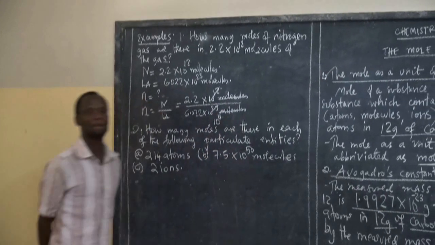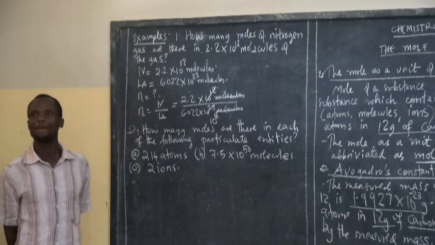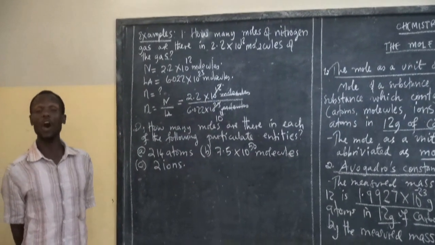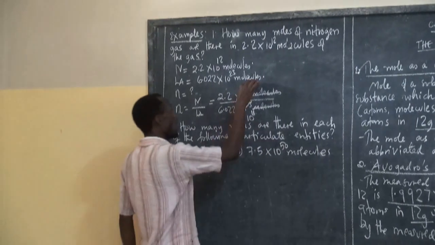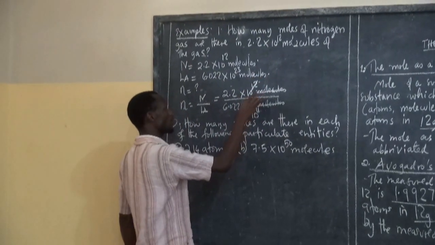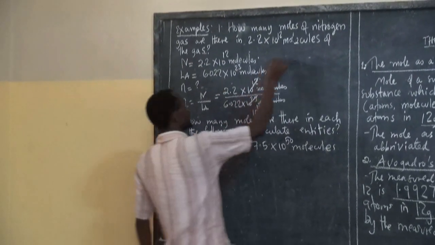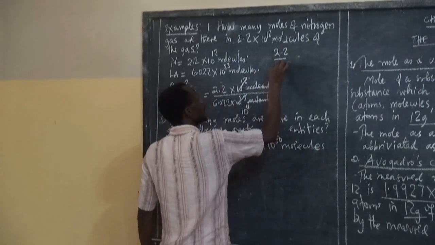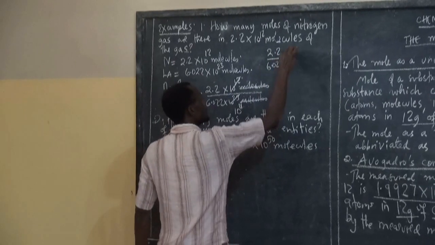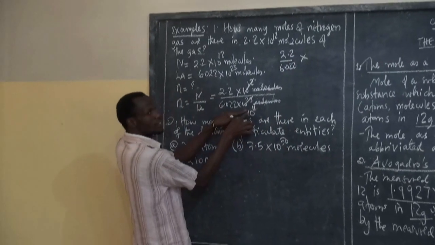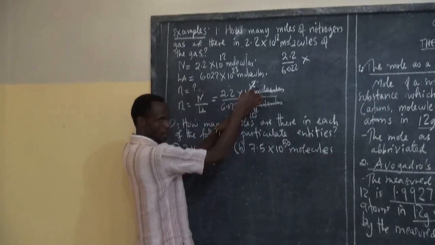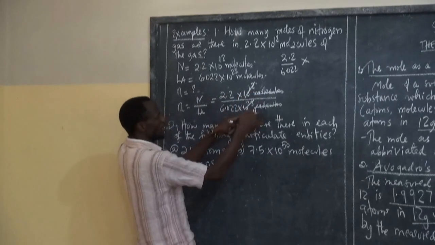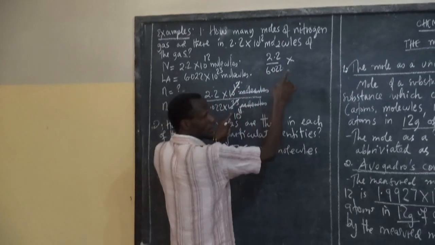Is it so? Yes. Now, here, 12, then there will remain what? 11. Therefore, mathematically, we have 2.2 over 6.022 times 10 power 11. Remember, mathematically, this will be taken to the numerator. Instead of leaving it here, we take it to the numerator.